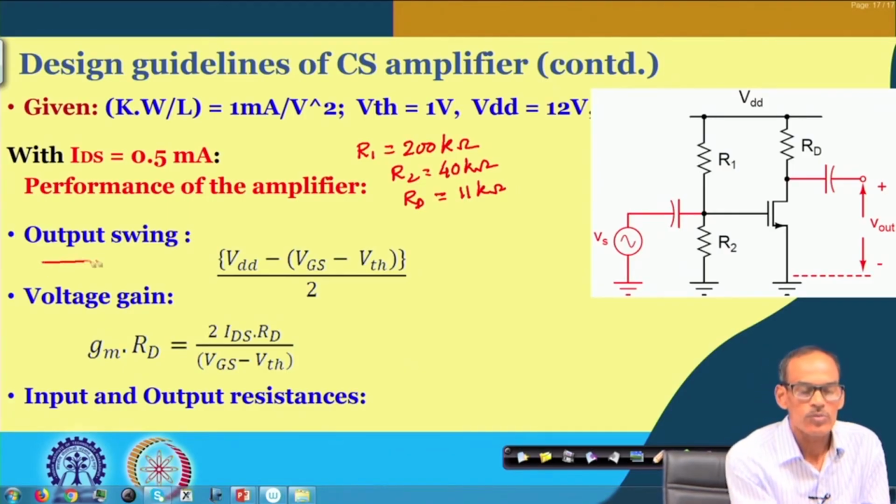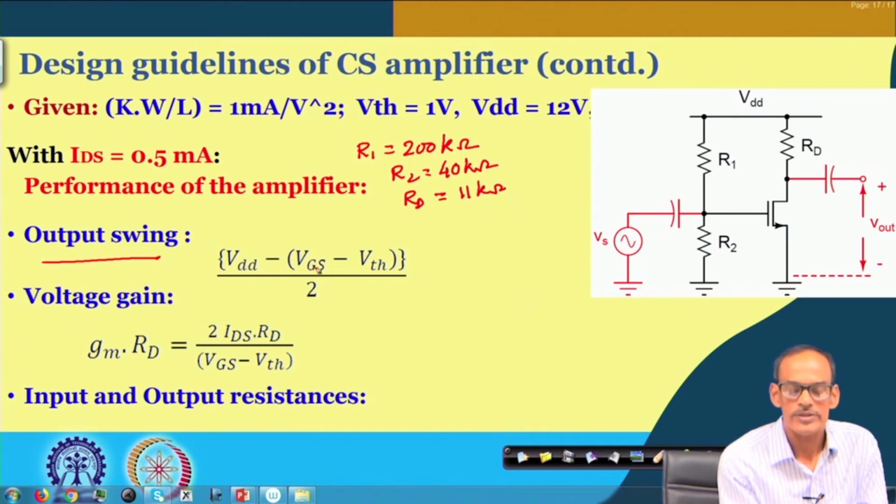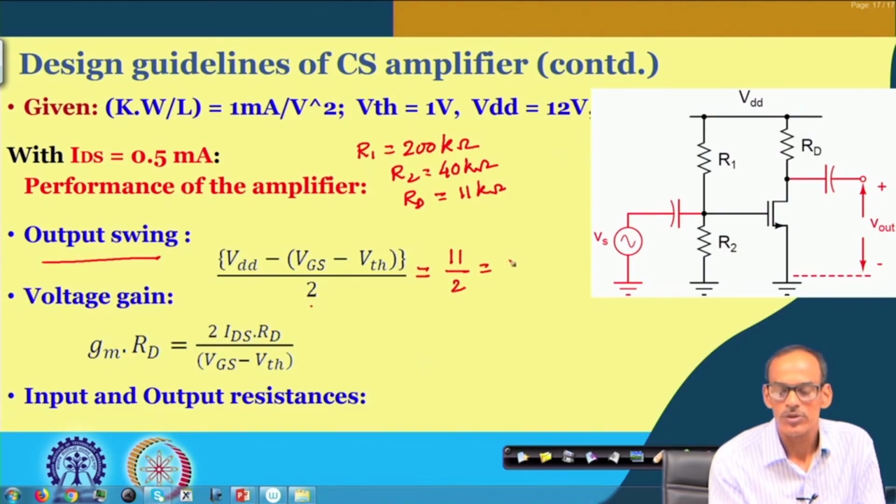First of all, the output swing V D D minus V G S minus V T H by 2, which is actually 11 by 2, that means 5.5 volt.